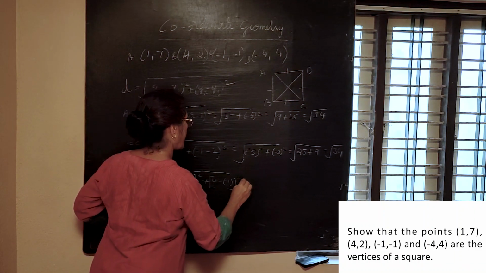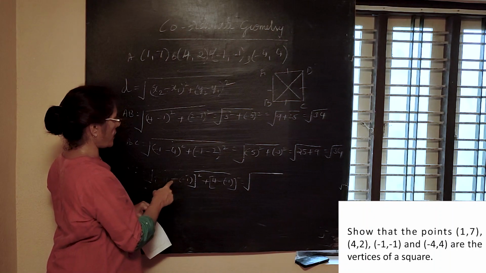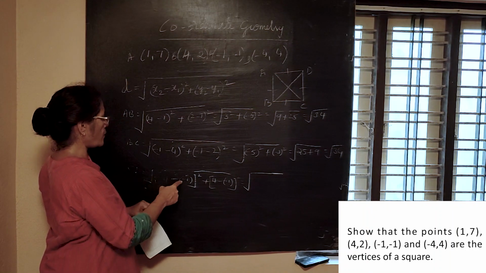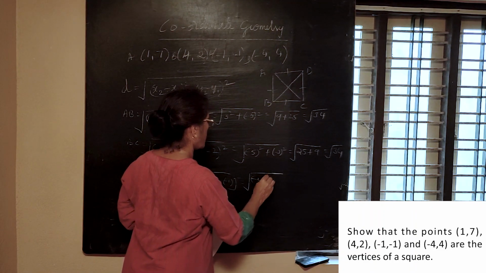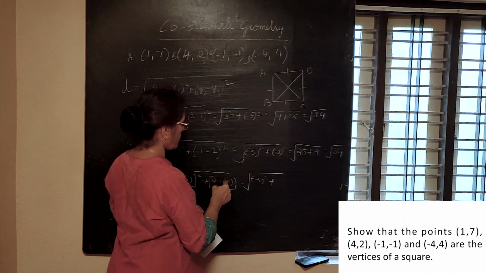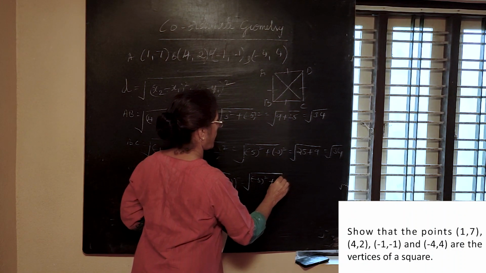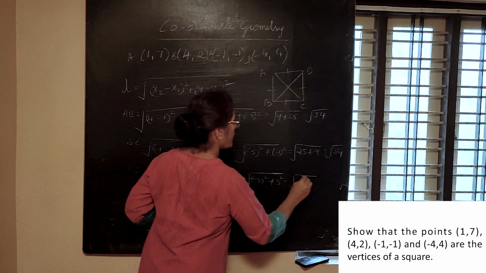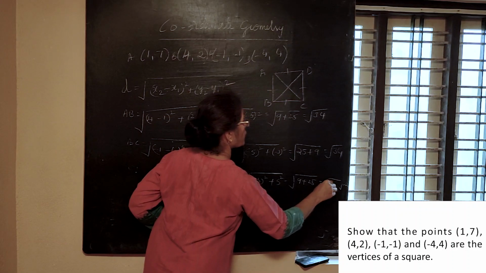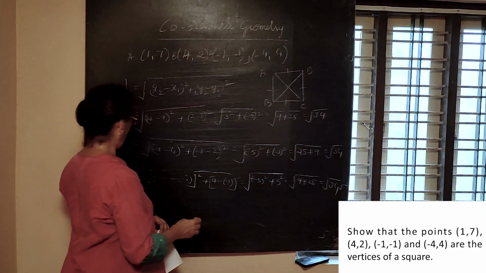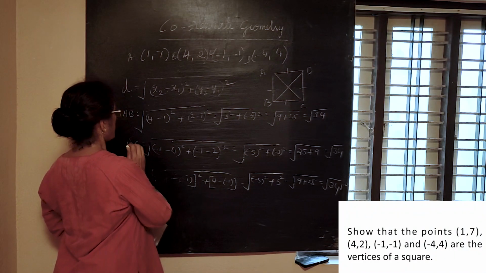So minus 4 minus of minus 1 is plus 1. So minus 4 plus 1 is minus 3 the whole square plus 4 minus of minus 1 is 4 plus 1, so 5 square. Again I get square root of 9 plus 25 is equal to square root of 34. Like that, AB is equal to BC is equal to CD.